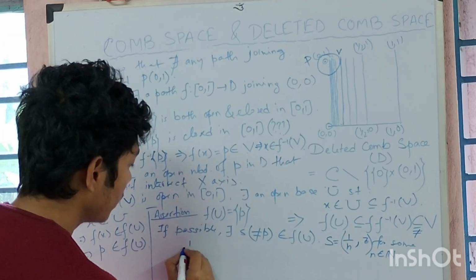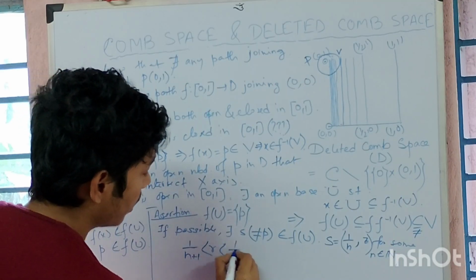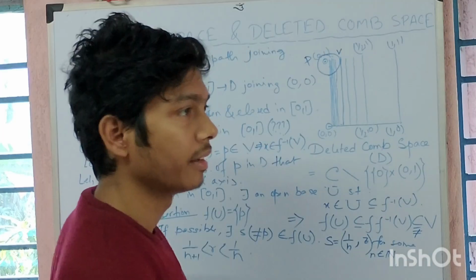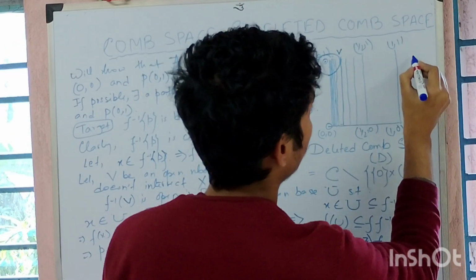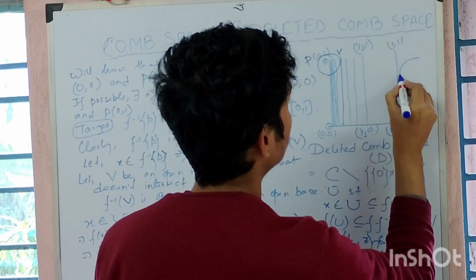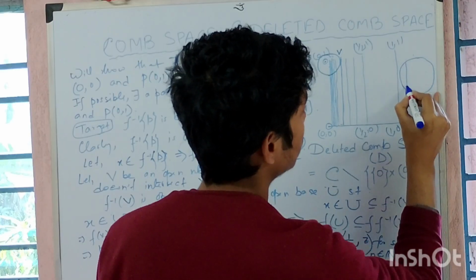Now my work is to find an R such that R lies between 1/(n+1) and 1/n. If I zoom in here, it looks like this.